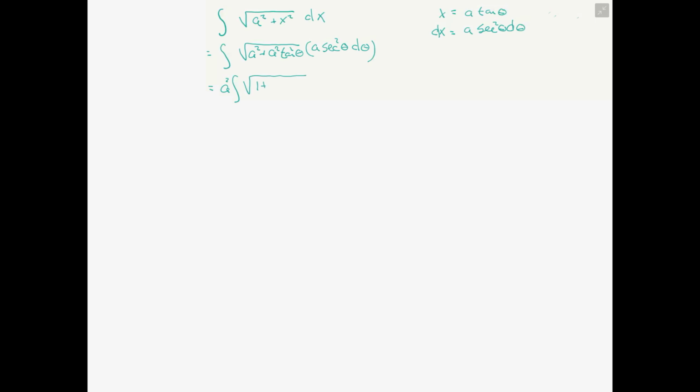And our integral now looks like the square root of 1 plus tangent squared theta times secant squared theta d theta. And we know that under this square root, 1 plus tangent squared theta equals secant squared theta. And because that's under a square root, we have a squared secant to the third theta d theta.